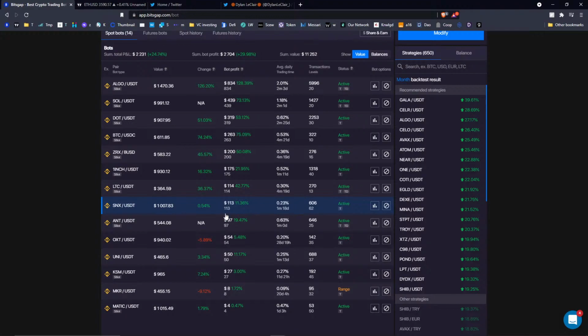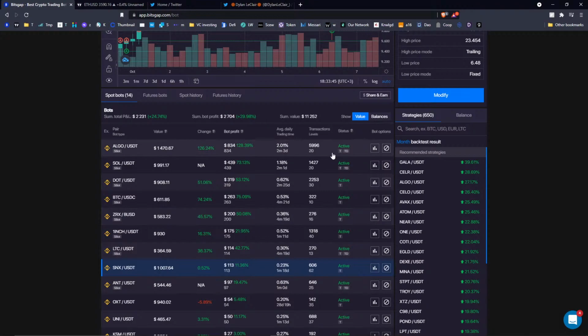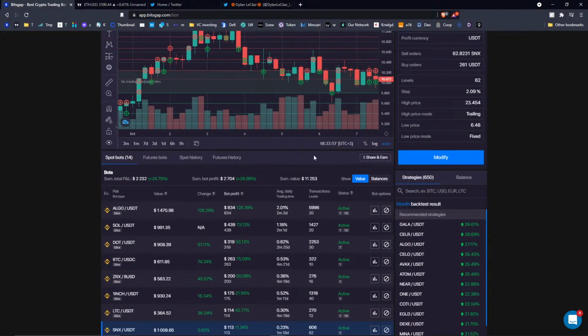They are my least performing strategies, also because some are the classic bot, some are the SBot. But as a rule of thumb, 20 to 30 has proven to be, for me, for the last 4 months, the ultimate grid setup for my bots. Okay.